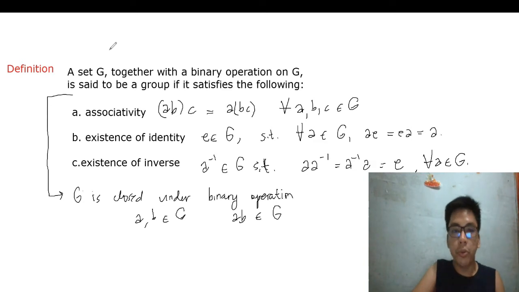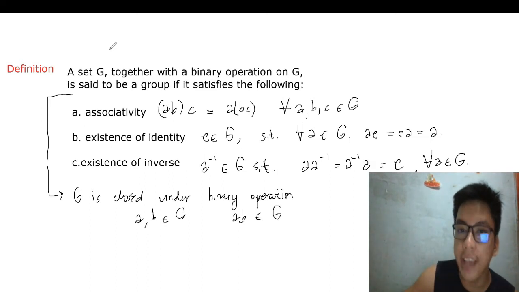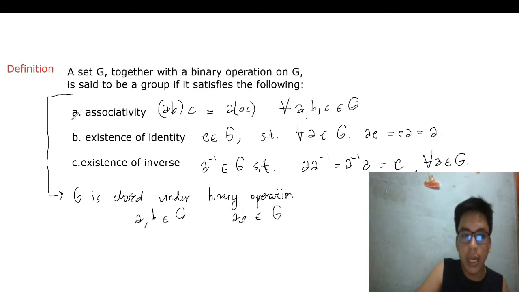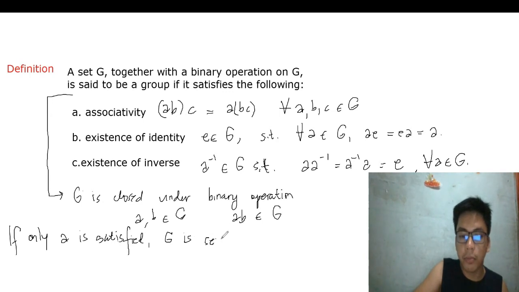Now, we want to make sure that for a set to be a group, these three conditions, along with the closure property, are satisfied. If only A, associativity, is satisfied, G is just a semigroup.